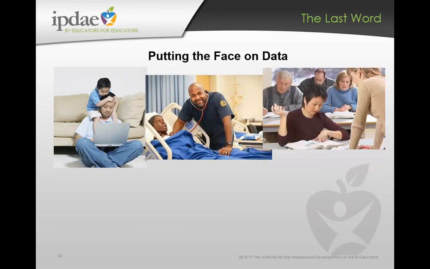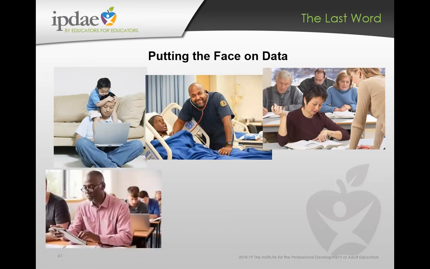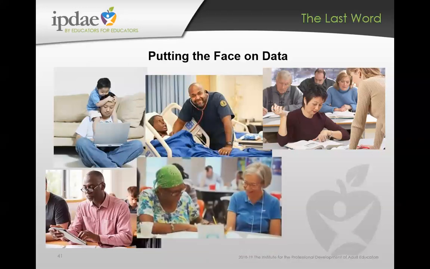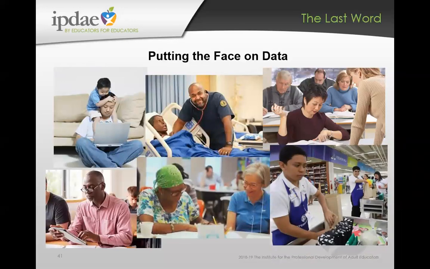Or maybe that immigrant who just recently relocated and is rebuilding their life, or a refugee rebuilding their life in this country, or that elderly grandfather or parent who would like to finally get their high school diploma but never got to. Or it could be that disabled student who was not served well in the traditional K-12 system and is now in the adult education world, and just wants to be able to be functional. They want to be able to do things, work, and earn a living. These are the faces of our students that we work with every day.